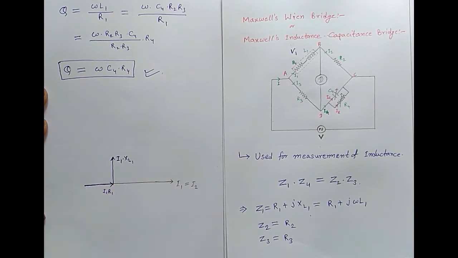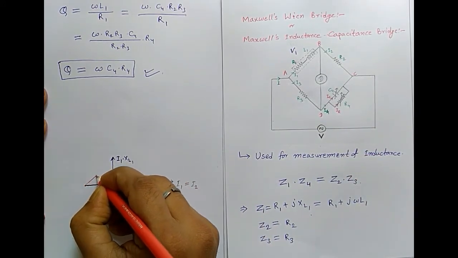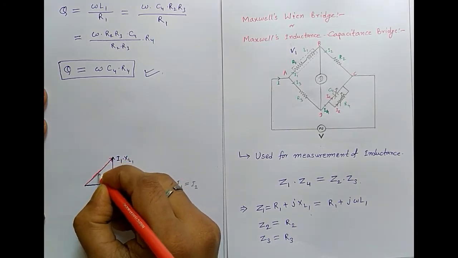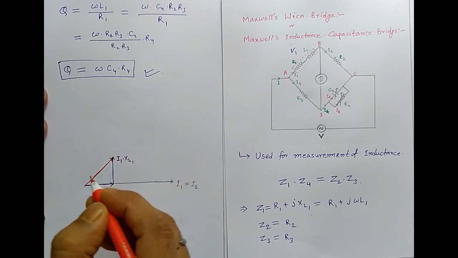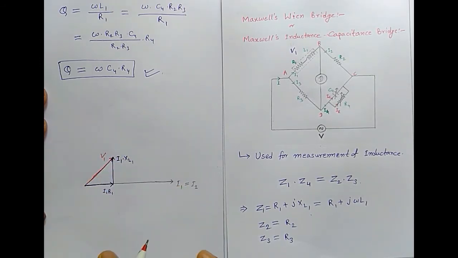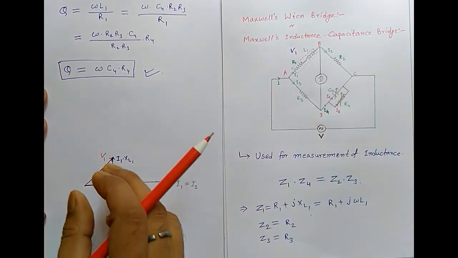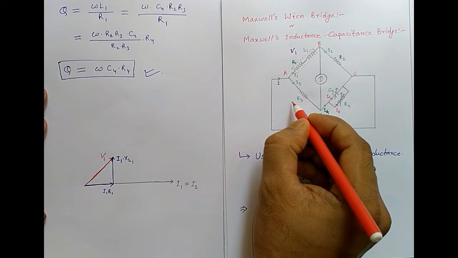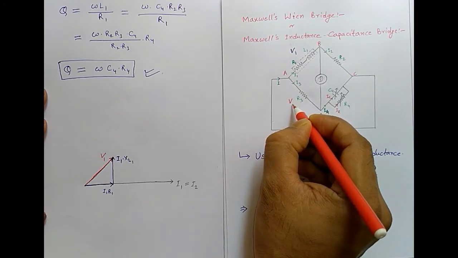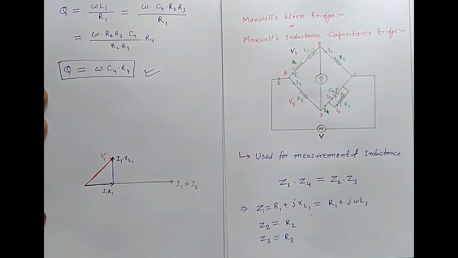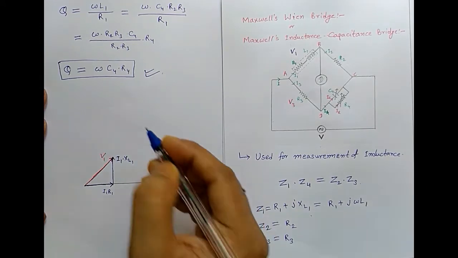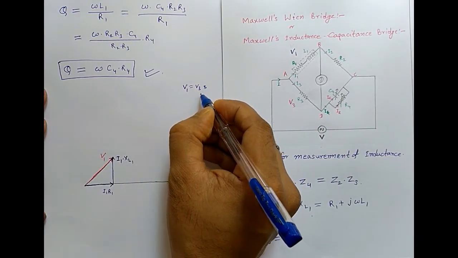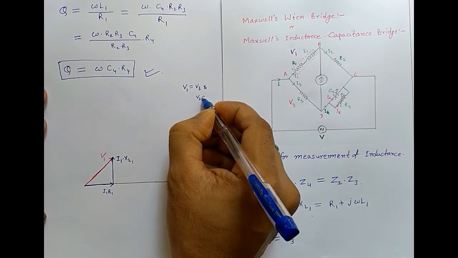Now, if this is V1, this voltage will be V3. In balanced condition, obviously, V1 will be equal to V3 and V2 will be equal to V4.